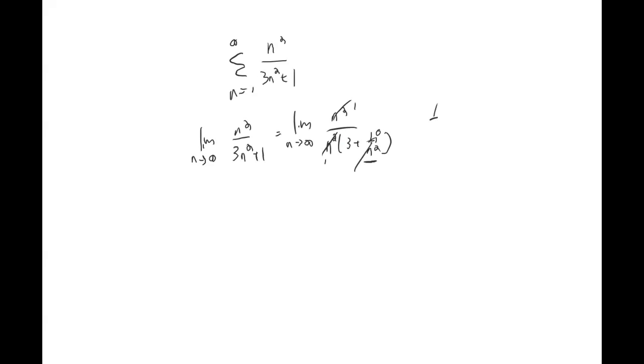So this thing goes to 1/3, which is not 0. So this thing diverges by the test for divergence, right? Is everyone clear on these two tests and how to use them? You'll learn a lot more, but these are the two starter ones, I guess.